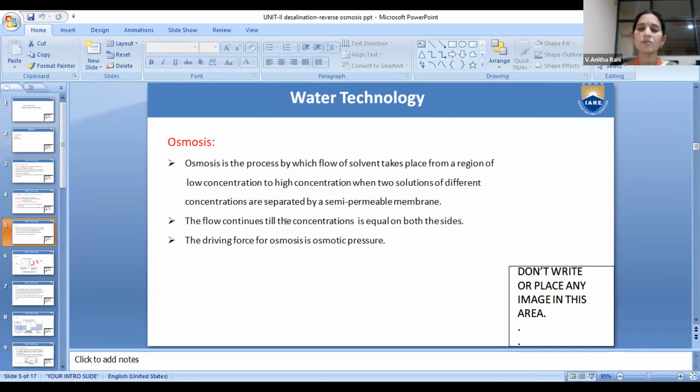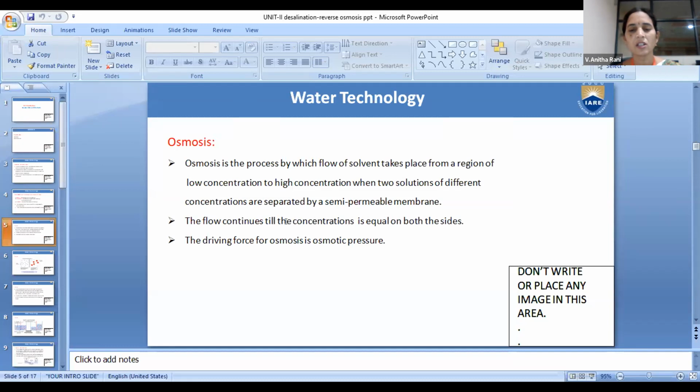For example, the low concentrated solution is 5 grams of NaCl in 100 ml of water, and the high concentrated solution is 10 grams of NaCl in 100 ml of water.